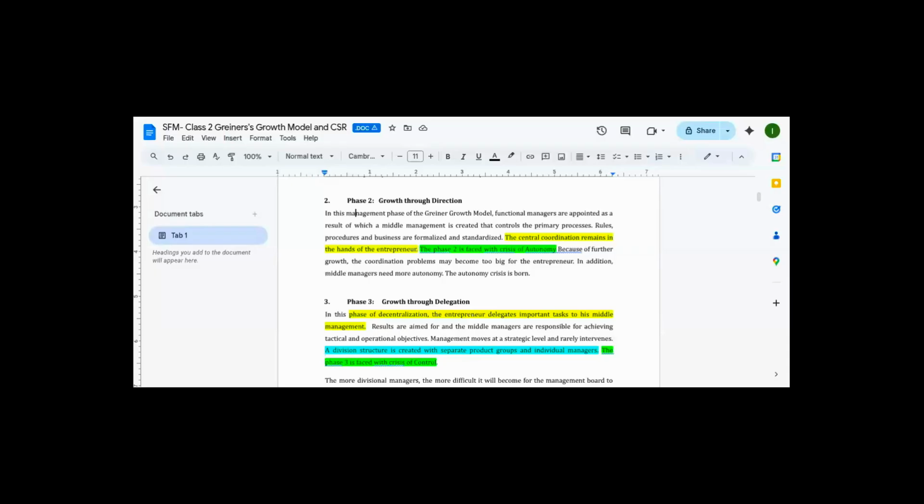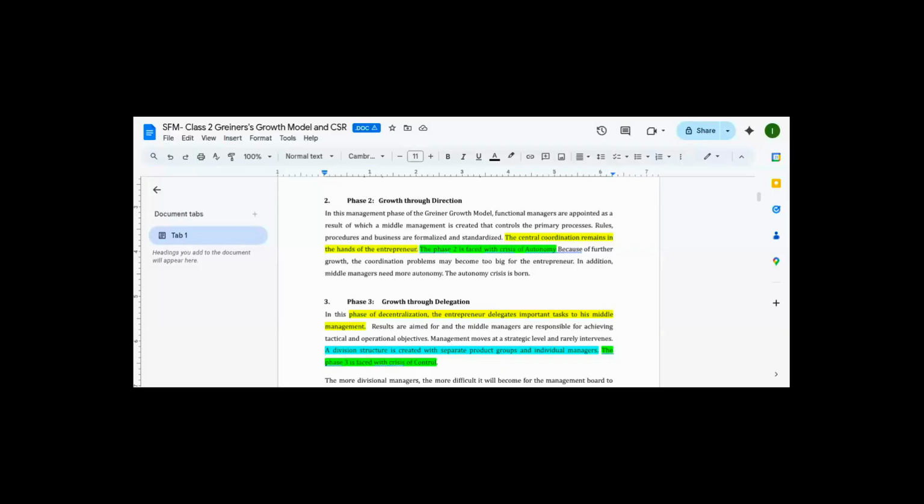Let's go together. In this management phase of the Greiner growth model, functional managers are appointed. Can you see? We are now having more direction. We are creating a pathway for synergy and integration of functional activities within the organization.